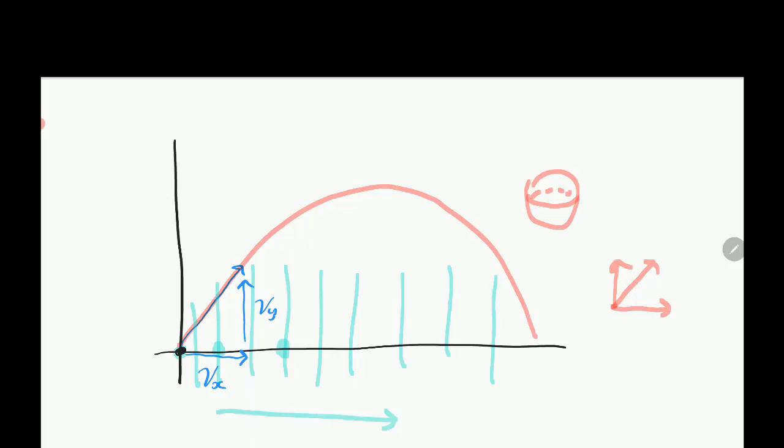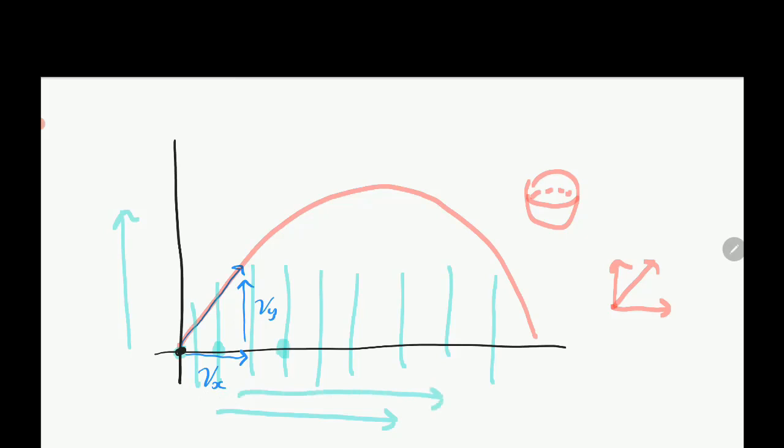And so what you can really do is decompose this problem into a horizontal component and a vertical component. The horizontal component is telling you how far the ball is moving to the right over time.